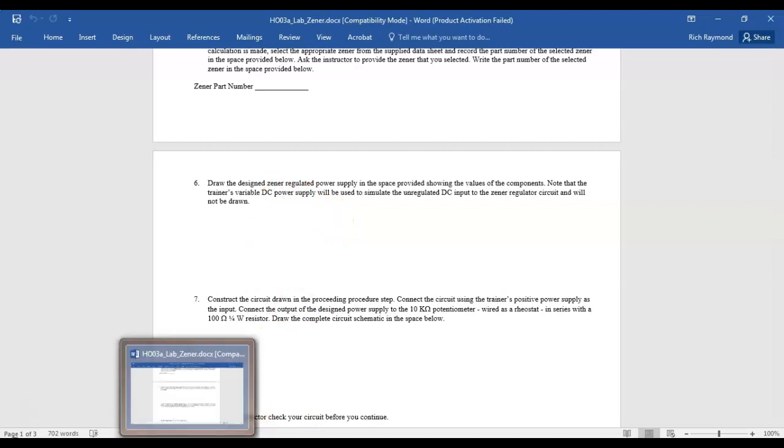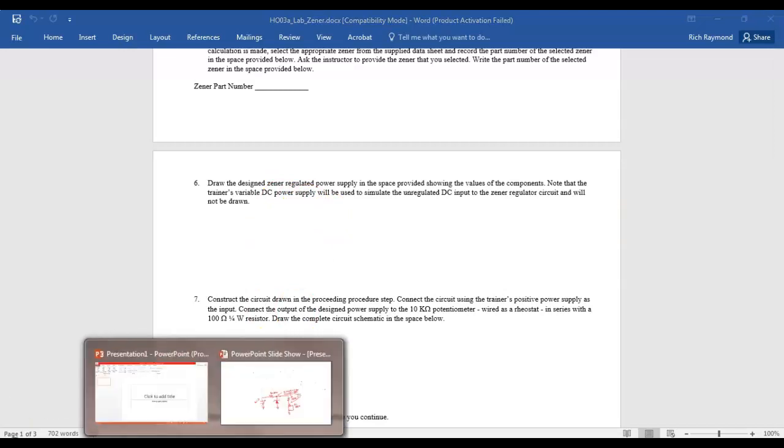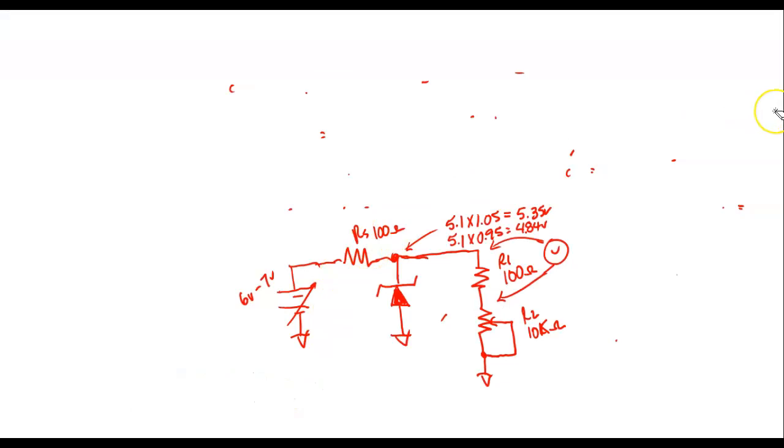So the actual circuit, when it's in operation, is going to look like this. It's going to be RS, or whatever it is. You know, RS is generic, right? This is going to equal 100 ohms.